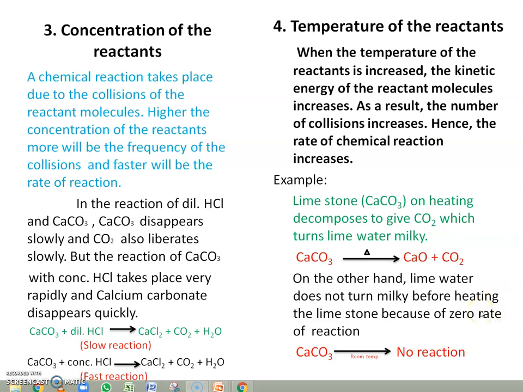Means when the calcium carbonate is not heated, the lime water doesn't turn milky, but when calcium carbonate is strongly heated, it undergoes decomposition, and lime water turns milky. That means due to the temperature of the reactants, there is an increase in the rate of a chemical reaction.